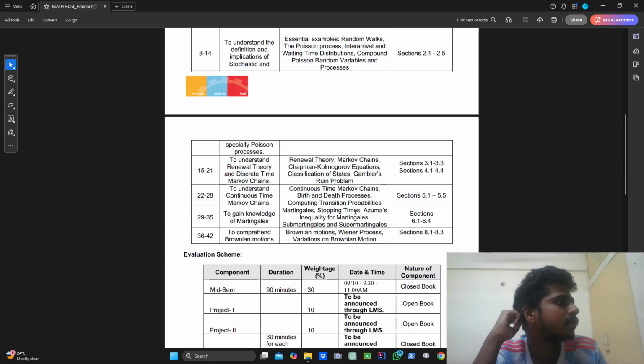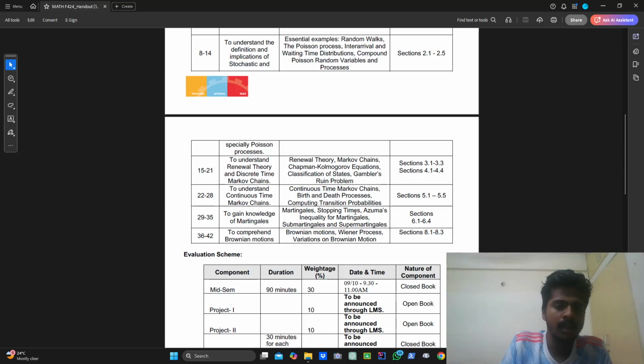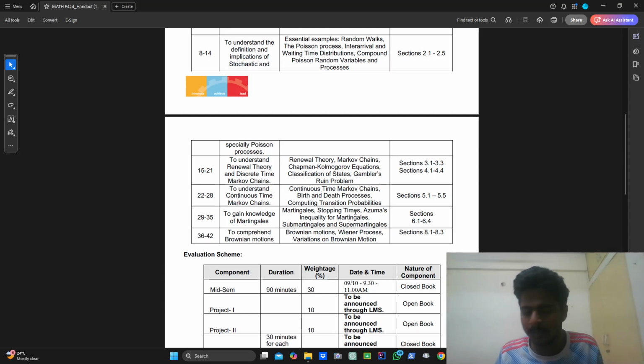Brownian motion is another type of random motion. The position of a particle evolves with time. It can be at a random place, and with certain assumptions we simplify the study.